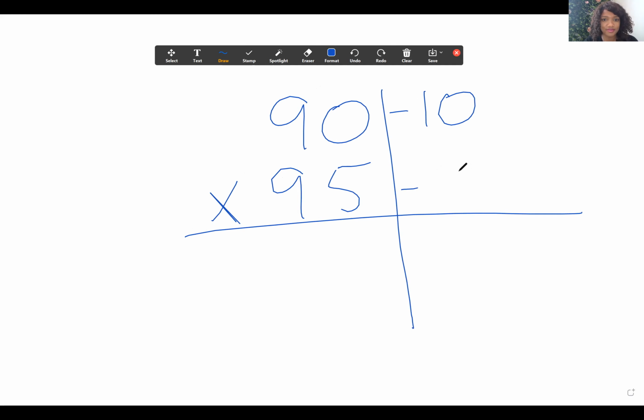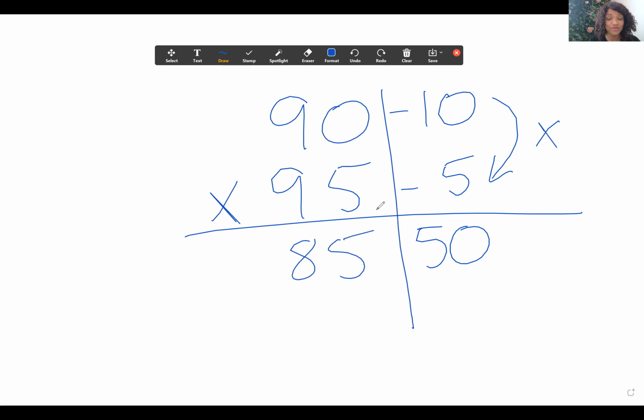And what do you do next? 95 minus 10. Also, 90 take away 5 gives you the same answer. So that's it. If we have 4 digits there, I'm happy with that. So that's correct. Done. And you can do this with thousands, with 10,000s, and so on and so forth.